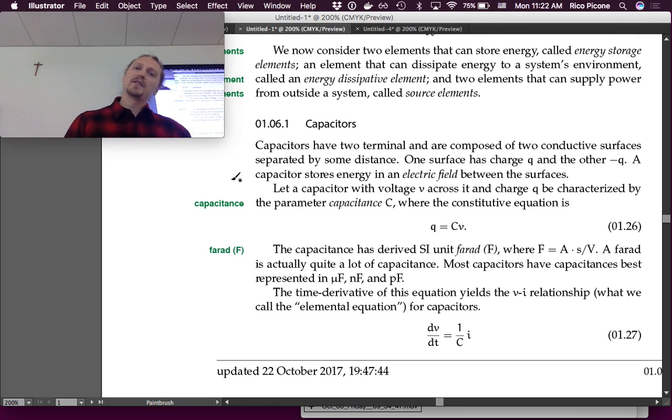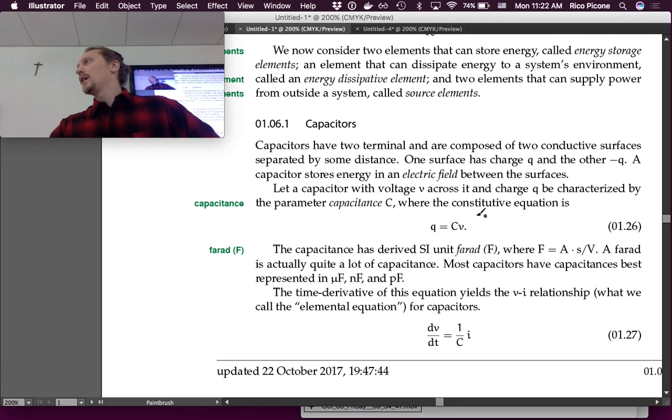So the capacitors first. They store charge on plates and energy in an electric field between those plates. A capacitor has a constitutive equation, meaning having this relationship between charge and voltage constitutes what it means to be a capacitor, a linear capacitor, at least an ideal capacitor.